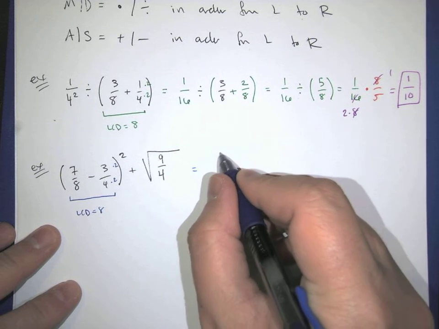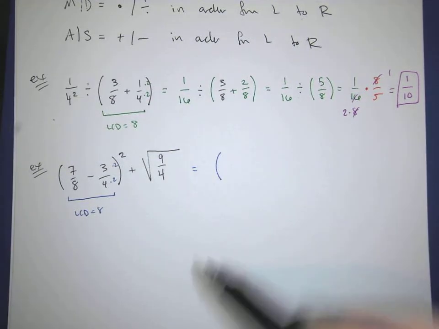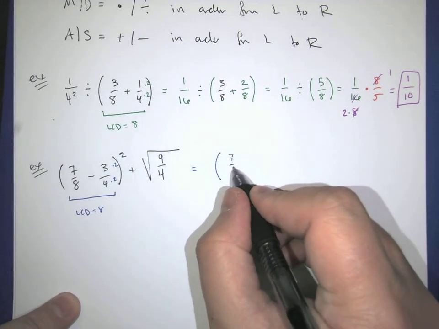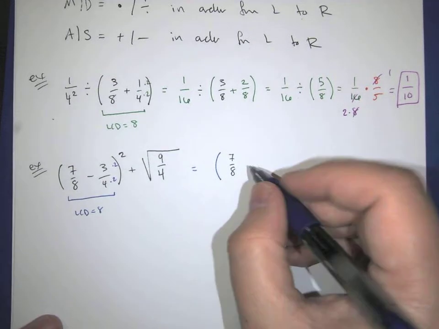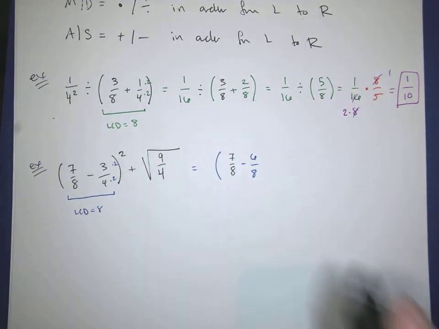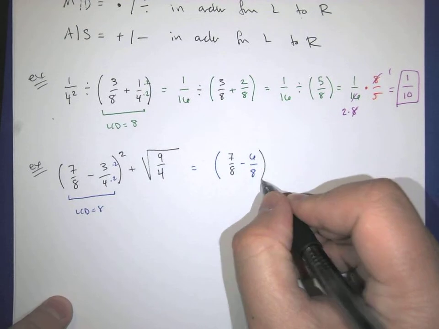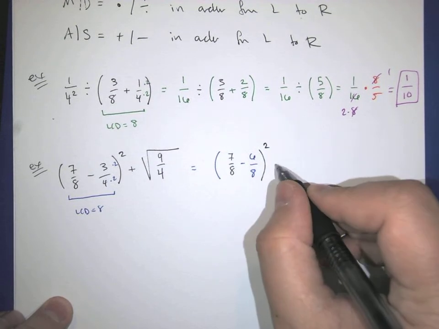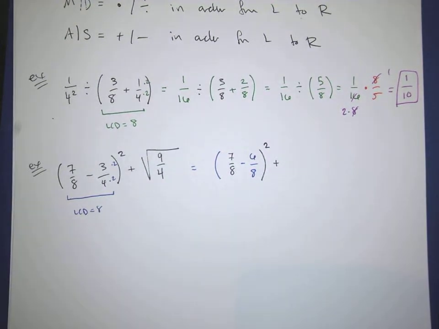This would become 7/8 minus 6/8. Whole thing gets squared. This is going to be added to the root of 9/4.